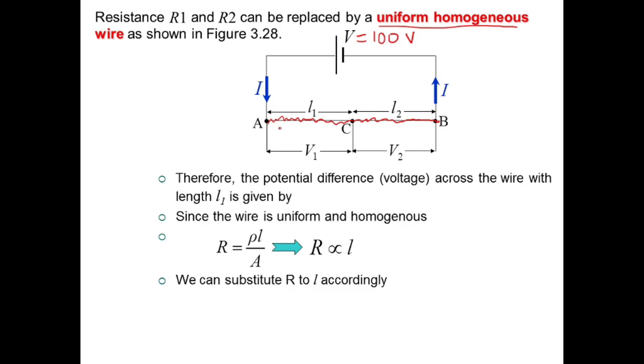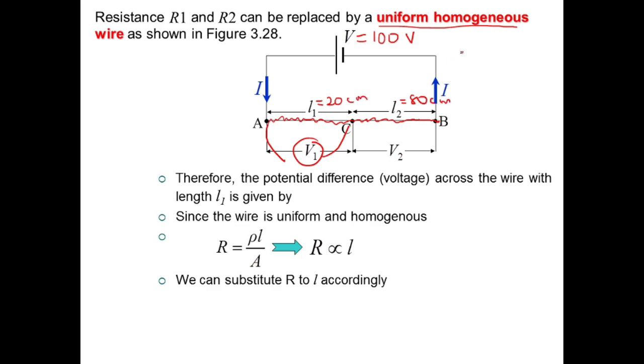The voltage across a particular length, for example V1, can be calculated by taking the ratio of the length. For example, length 1 is 20 and length 2 is 80 centimeters.